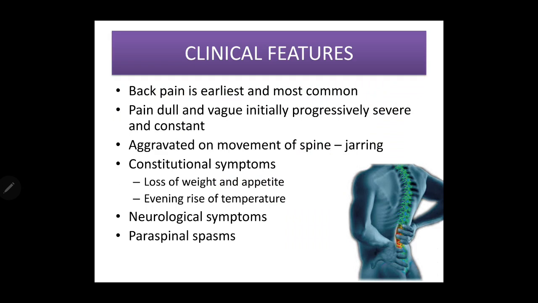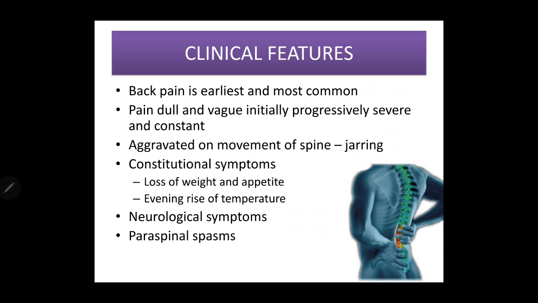Now coming to the clinical features. Back pain is the earliest and the most common symptom. So when you look at any patient coming with back pain, don't think that they have TB spine, but a back pain which is chronic, insidious, slow onset, going on for a long duration, needs to be considered.